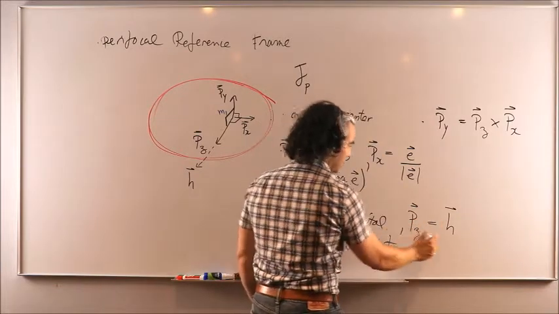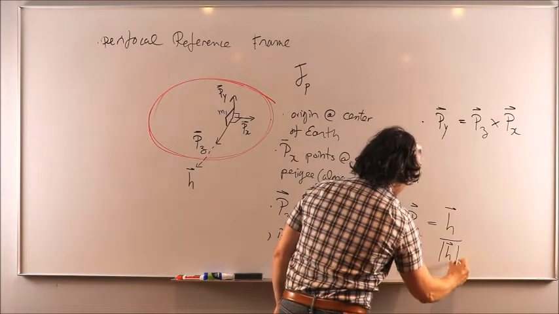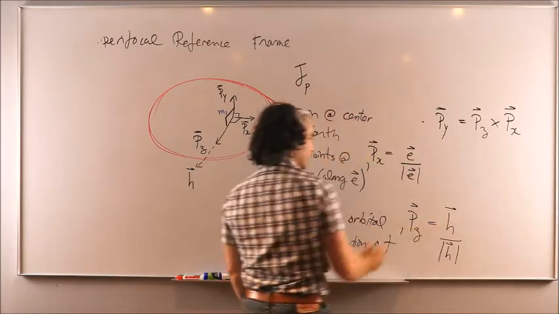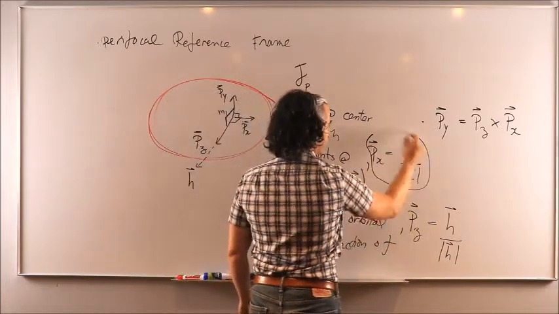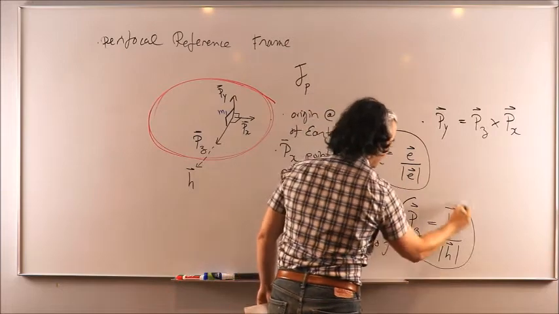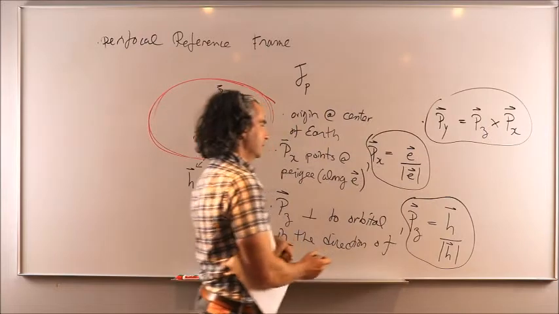So you take the H vector and divide it by its norm, and you get a unit vector in the direction of H, okay? This is how you can mathematically obtain those two unit vectors, and then the third one is the cross product of the first two.